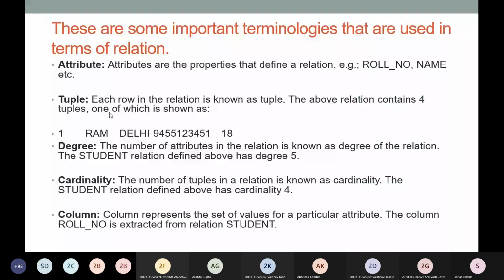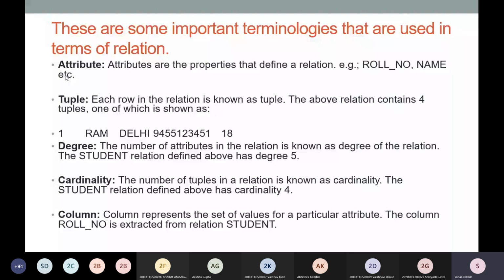Next one, column. Remember one thing: a column represents the set of values for a particular attribute. Here this attribute is also a column, but it is the name, and here the column is called a set of values.